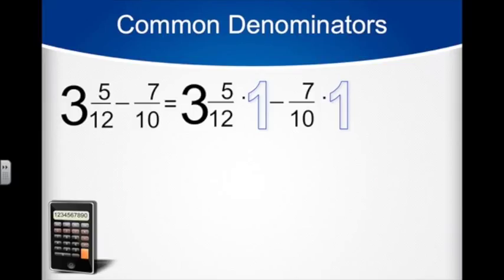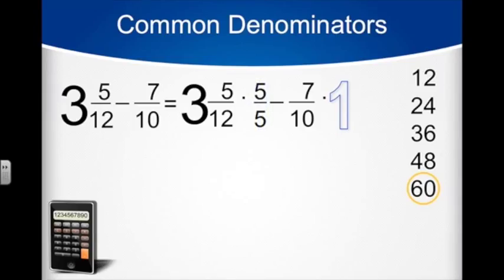If we look at the multiples of 12, the larger denominator, we can see that 10 does not go into 12, 24, 36, or 48, but it does go into 60. Since 60 is 12 times 5, we need to multiply by 5 over 5 to convert the 5/12.